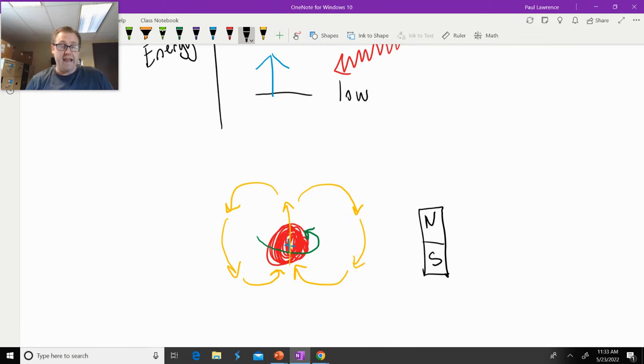So when we're looking at the nuclei of atoms, we kind of think of them as a bar magnet, and they have a north and south pole. And when the nucleus is oriented in this direction, right here, pointing up, we call that an alpha state. And we assign a spin number to that state as a positive 1/2.